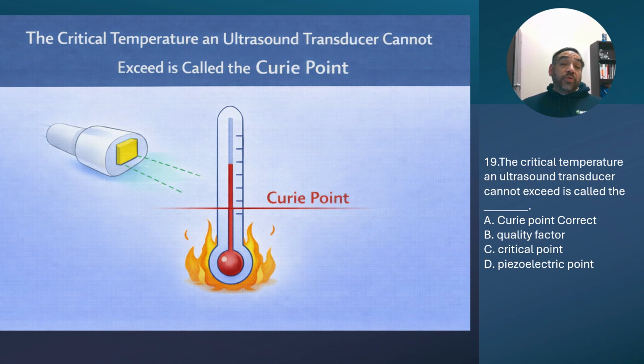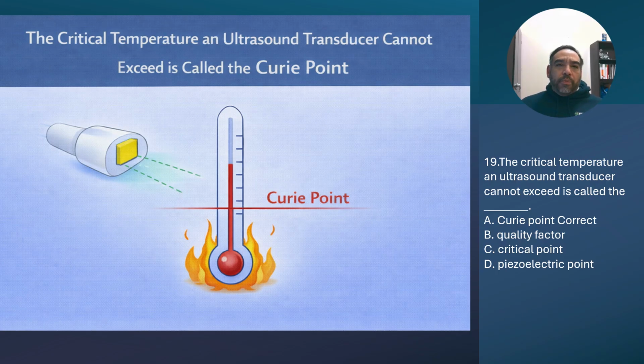Let's look at the others and see why they're incorrect. B said quality factor, the Q factor. The Q factor refers to bandwidth, damping, and pulse duration characteristics, and it describes how ringy the crystal is, not the temperature limits. It's very similar to the Q factor when dealing with inductors and electronic circuits, capacitors and inductors. But again, just to be clear, the Q factor is for inductors.